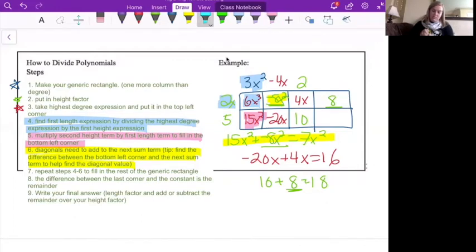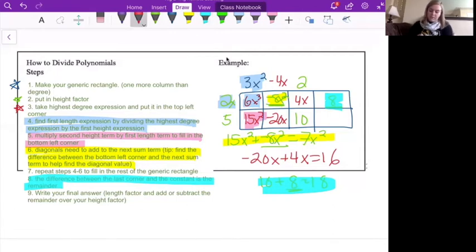The difference between the last corner and the constant is the remainder. And then to write your final answer, your final answer is the length factor. So again, this is the length factor.